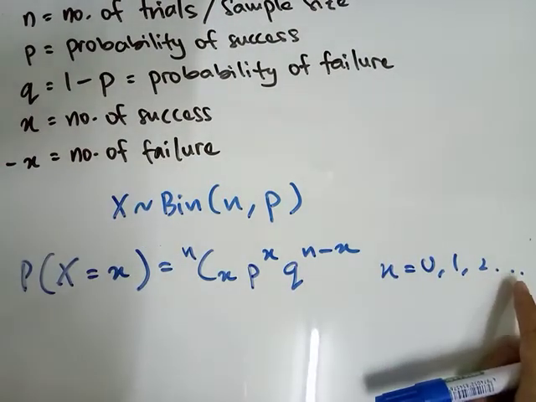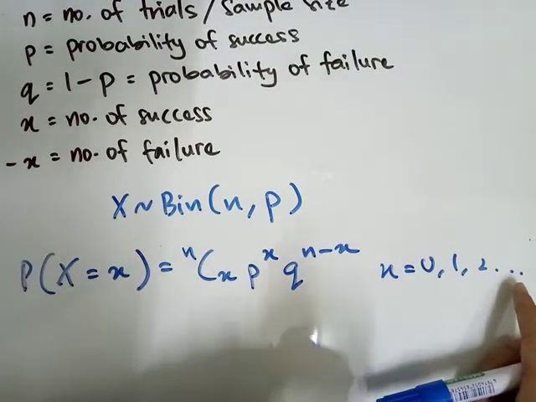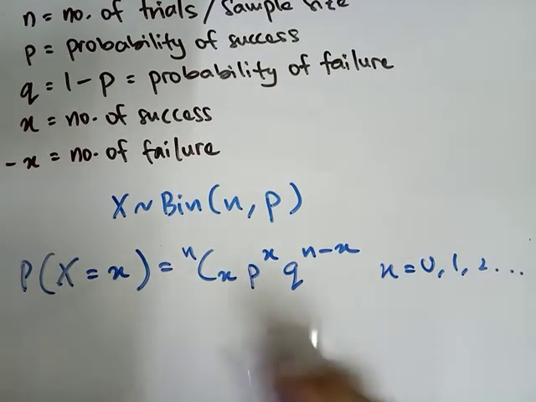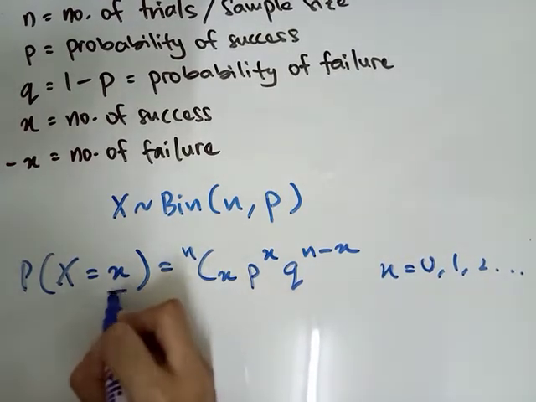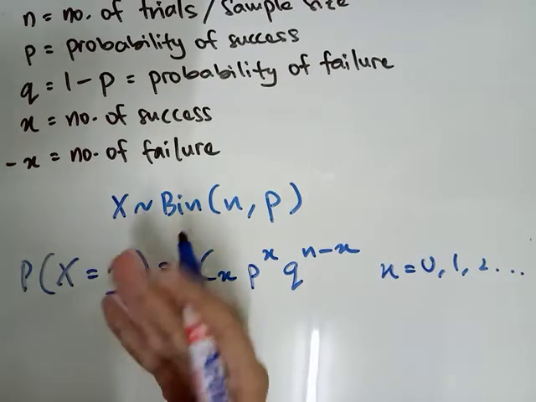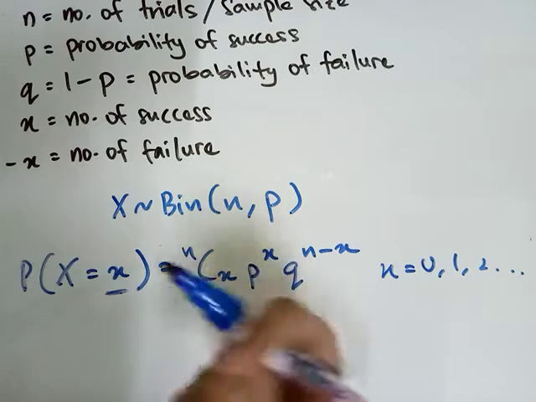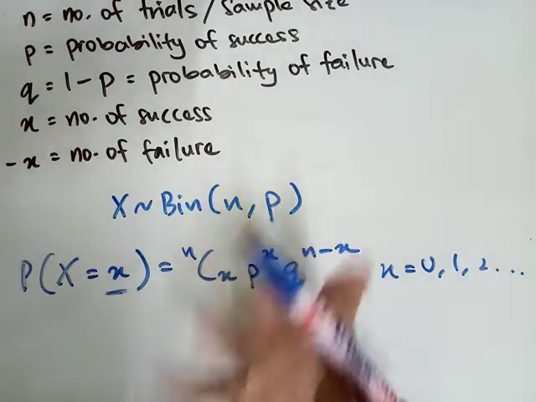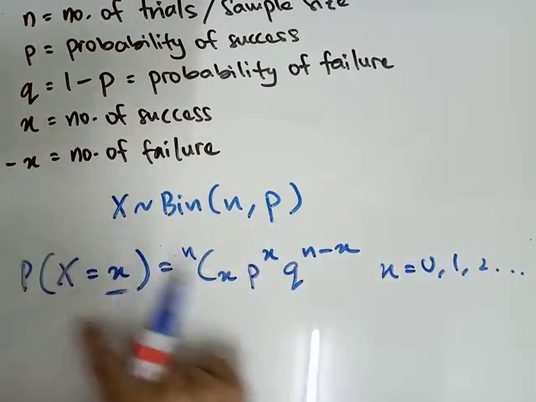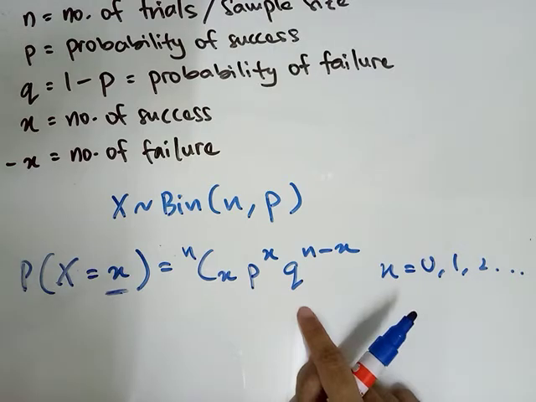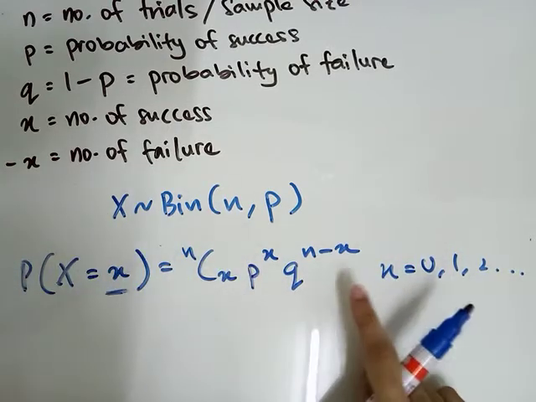That means the number of successes, how many successes occur from the experiment. It is based on the question given. So this is the formula to get the probability of the number of successes.